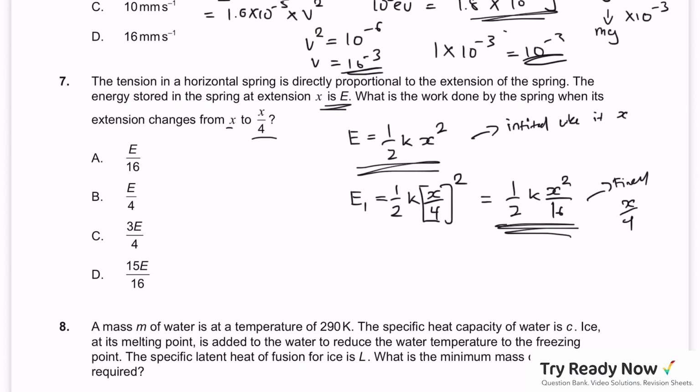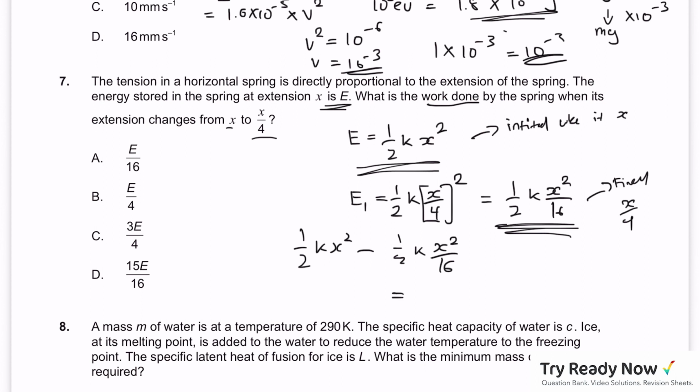The difference between these two energies is the work done by the spring, because the energy had to go somewhere. So initially we have half kx squared and now we only have half kx squared over 16. So we're looking for the difference here, and what you can do is just subtract these two terms.